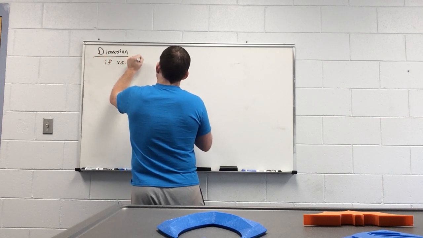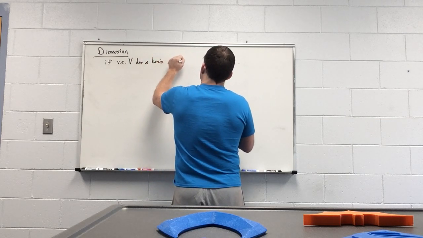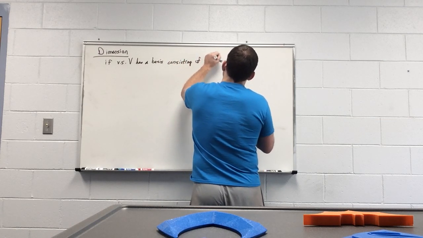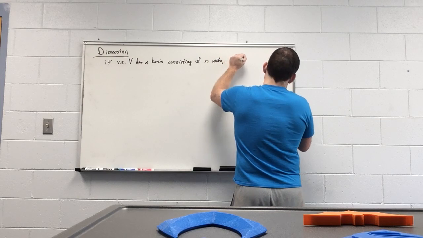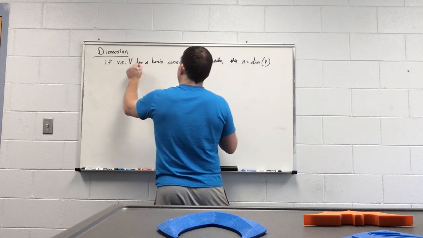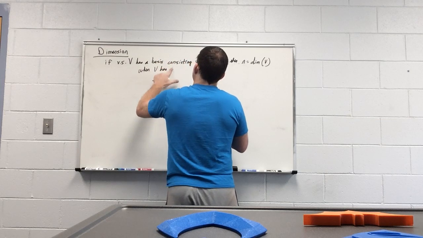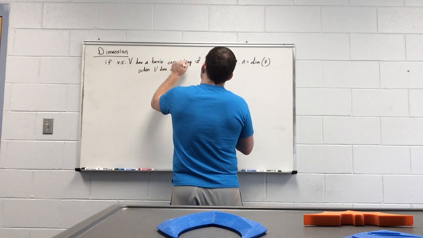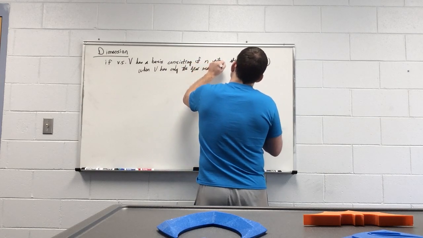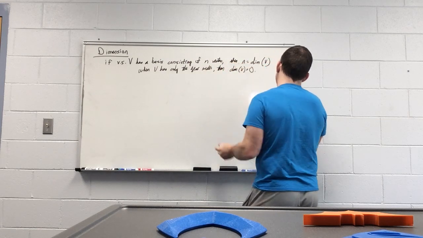If vector space V has a basis consisting of n vectors, then n is equal to the dimension of V. When V has only the 0 vector, then the dimension of V equals 0.